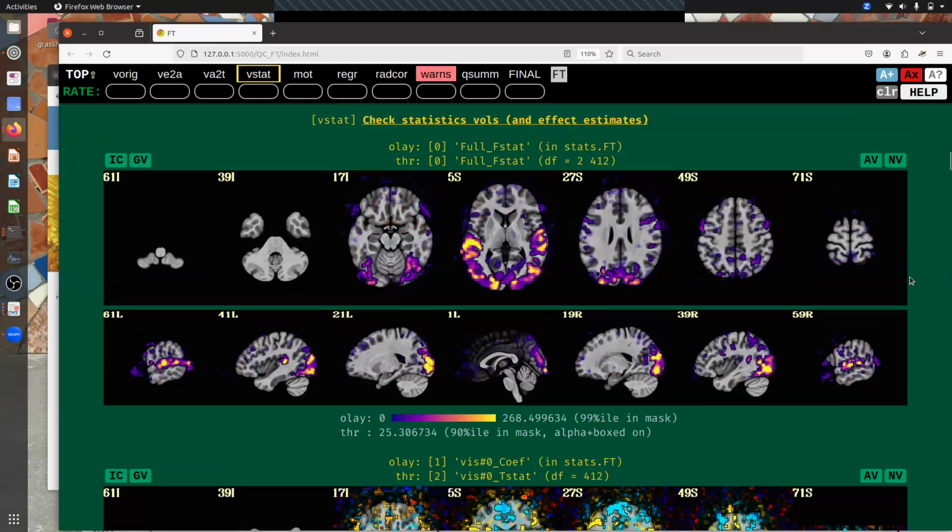And then looking at the statistics, this is something that we looked at just a little bit. There's a lot of different aspects of the statistics. You can ask, is my model a good fit in lots of places overall? That's what the full F-stat tells you here. So one of your quality control items would be looking to see if you have basically colorful values here in your audio and visual cortices, which is good to see.